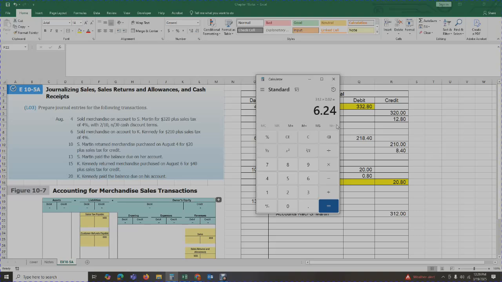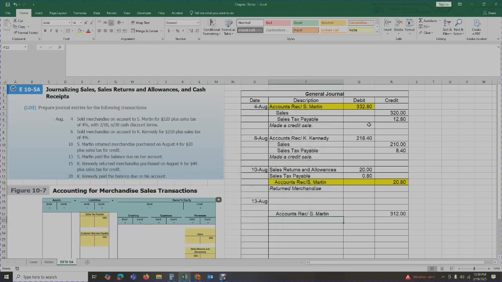Okay, let me see what's not jiving here. Remember that we had a return, correct? So we had a return on the 10th.